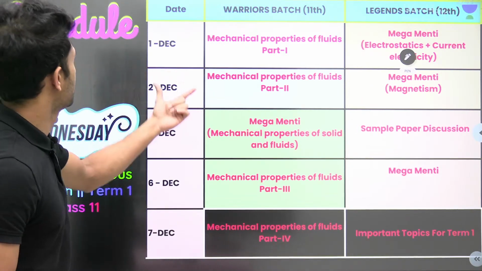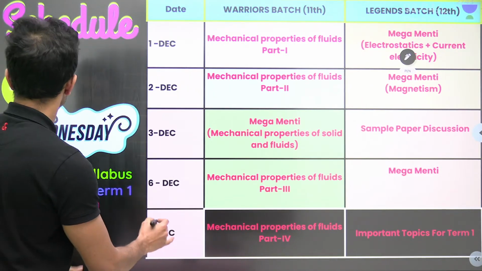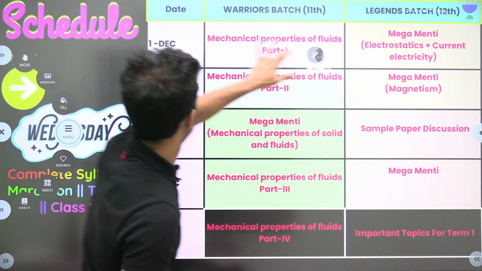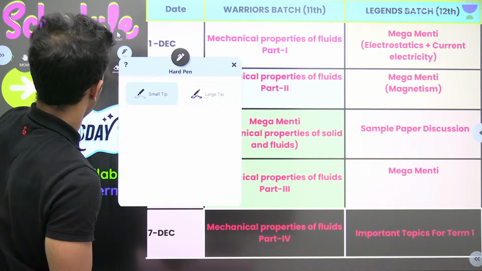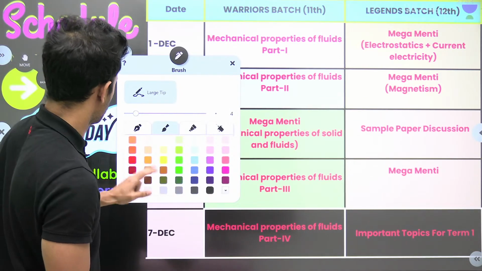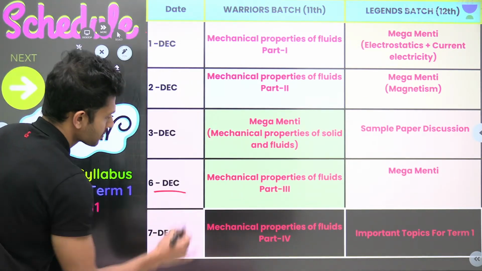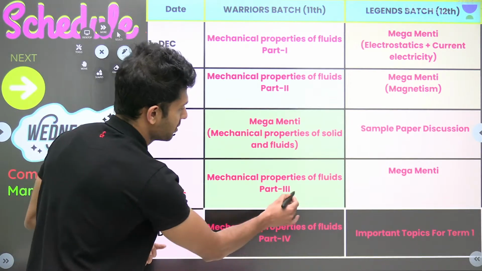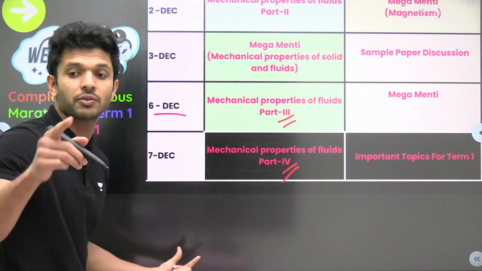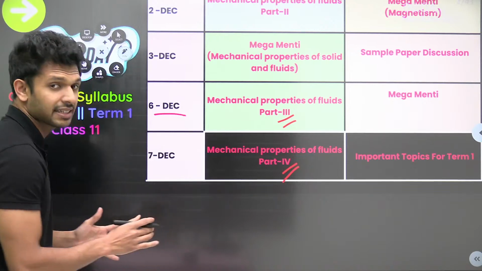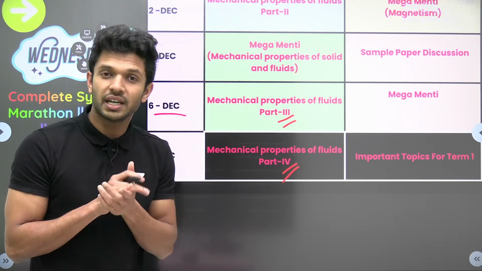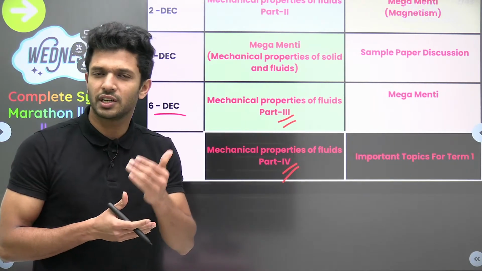Okay, now let's have a look at our schedule. Here we are on 6th of December, where we are doing part 3 of our fluids, and part 4 will be done on 7th of December, which means tomorrow. Next class, you all know, your seniors, your bada bhaiyo and behno, are having exams on Friday, so we'll be giving more preference to their classes.